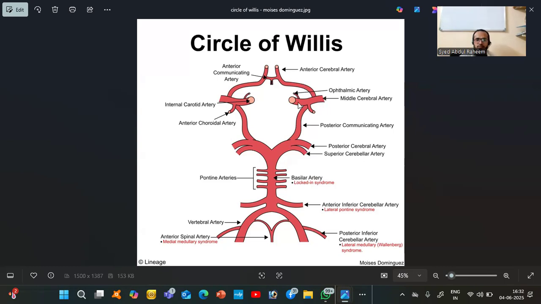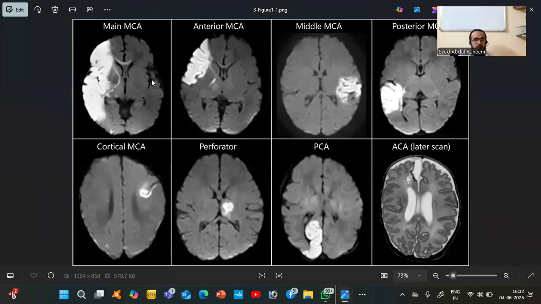This is the large artery supplying this entire middle part of the brain. If this blockage happens, the brain will be affected like this. Very bad, very bad. Main artery occlusion happens, blockage happens.